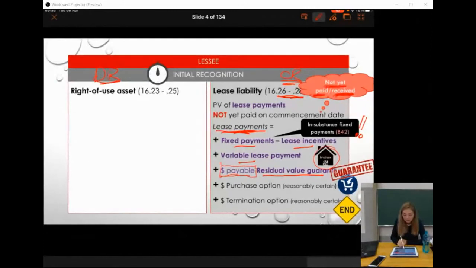Then we will also include any amounts payable for the purchase option if it is reasonably certain that we are going to exercise that purchase option. And then any amounts payable in terms of a termination option if it is reasonably certain that we are going to exercise that termination option.